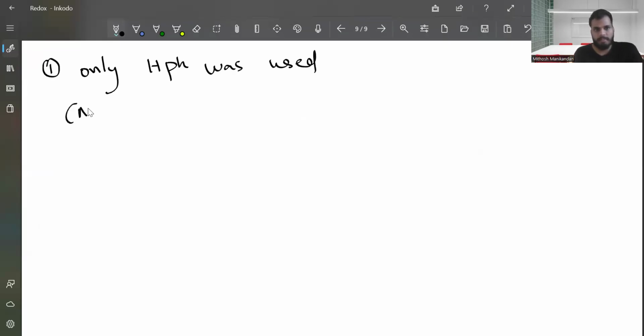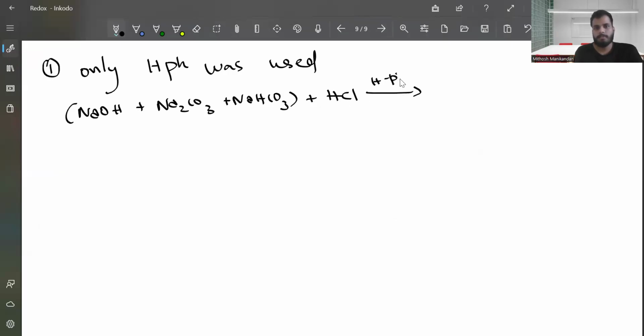So let's see, we have a solution with NaOH plus Na2CO3 plus NaHCO3 reacting with HCl. Using phenolphthalein, we can only find the first equivalence point, correct?